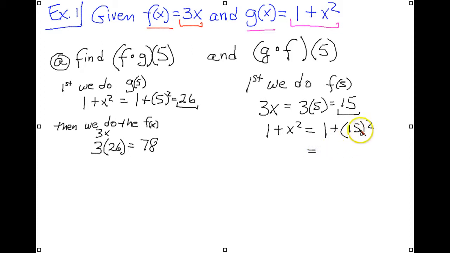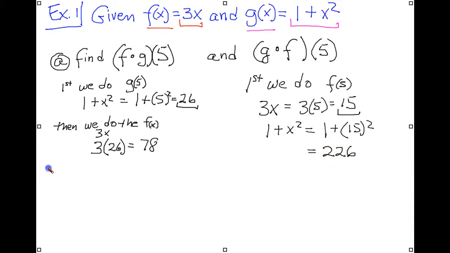So 15 squared is 225, plus 1 is 226. Now we know that these two do not equal each other, because when we do the first composition, we get a 78. When we do this composition, it's 226.